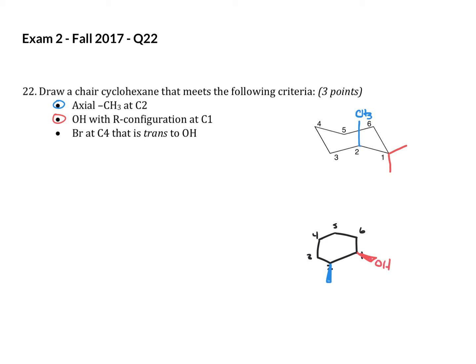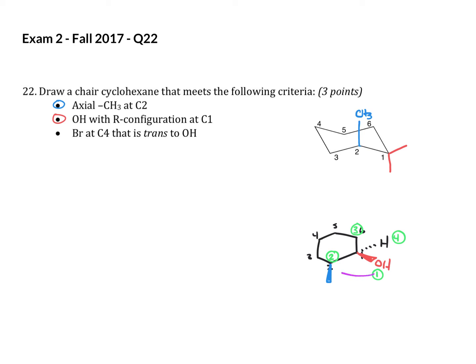So if the OH is on a wedge, we have a hydrogen back. Let's prioritize these groups. So the OH is 1. Then we have this carbon of the ring would be 2. This carbon of the ring is 3. And the hydrogen is 4. So now we have the H, priority 4 group back, which is how we want it.